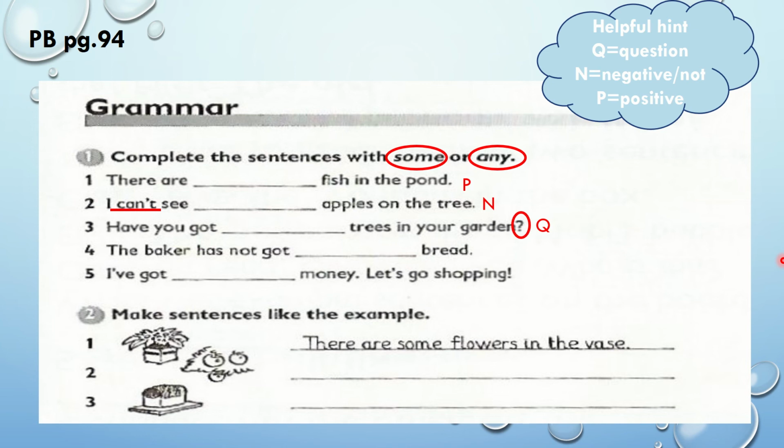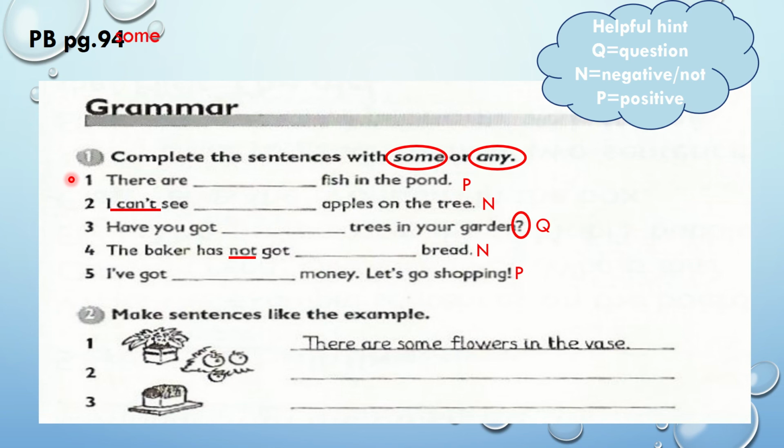The baker has not got bread. Not means it is a negative sentence. I've got money? Let's go shopping. It is a positive statement. I've got.